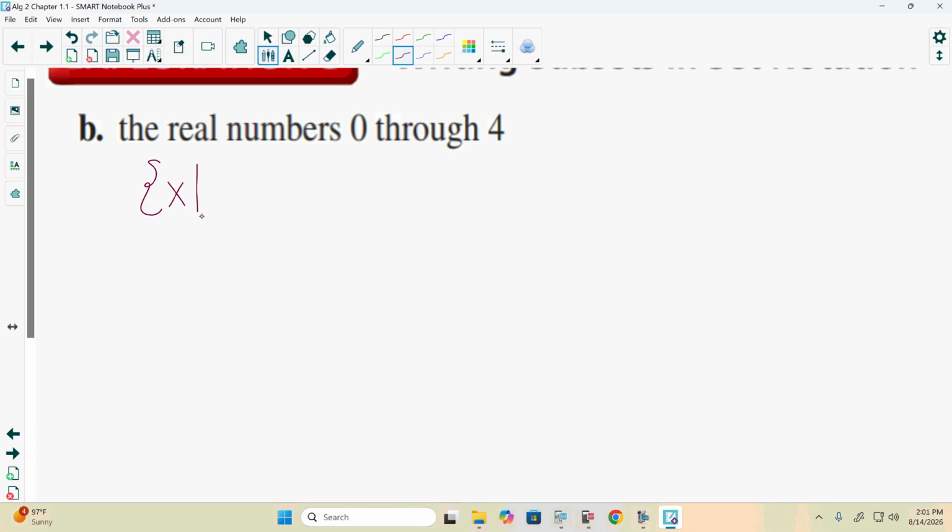Now 0 through 4 as an inequality, we actually just did this-ish. We have 0 less than or equal to x is less than or equal to 4. And when I said we just did this, I was really talking about 50 through 54. Same thing, different numbers.